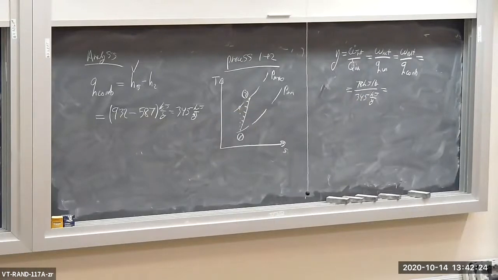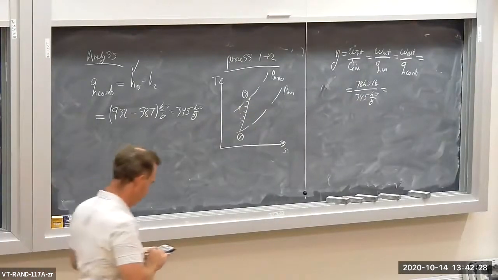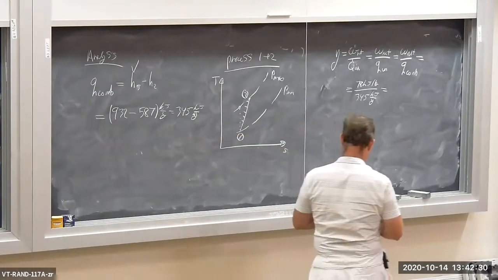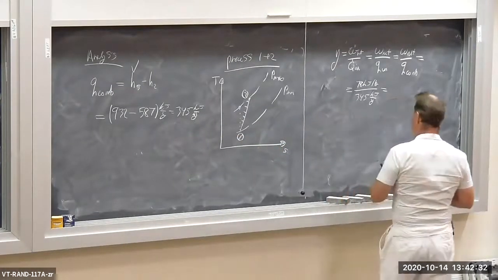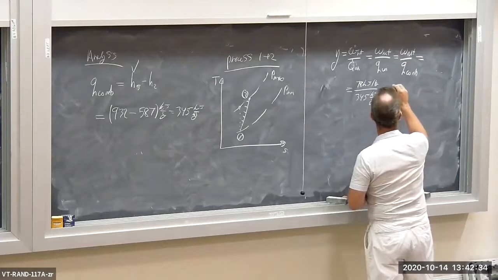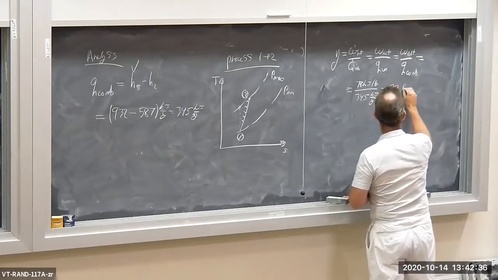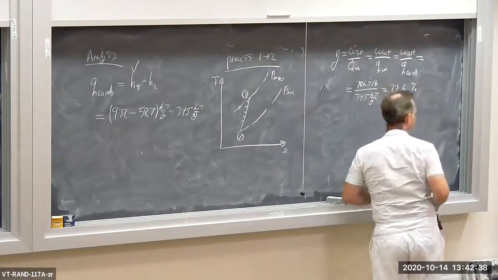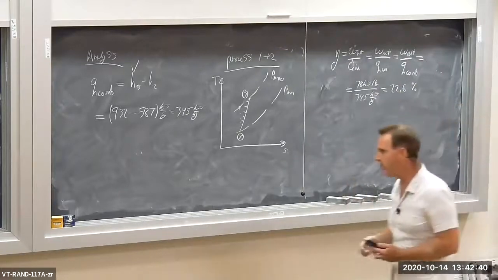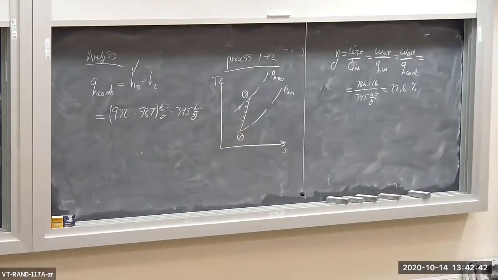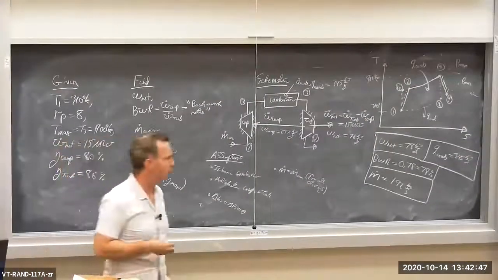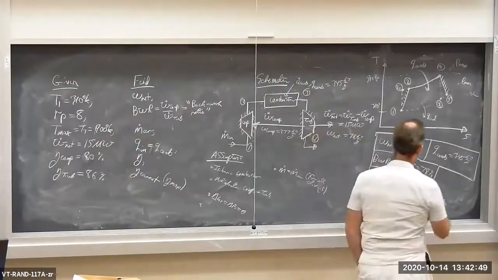Let's calculate that. And I get 22.6%. Okay? So the thermal efficiency of my Brayton cycle here is about 22%.